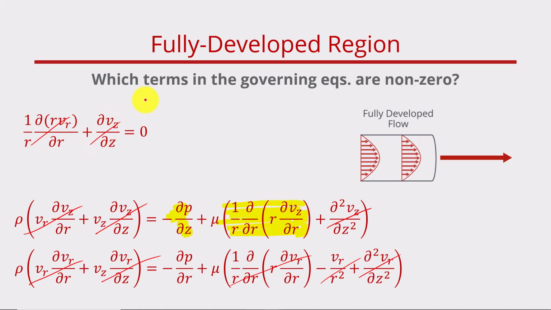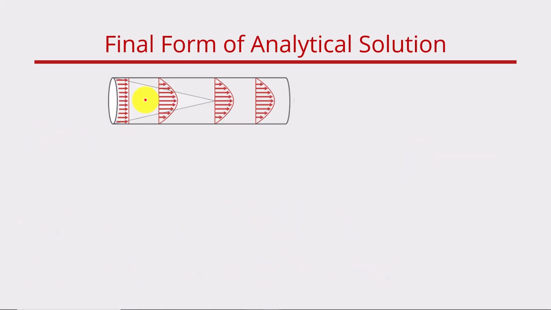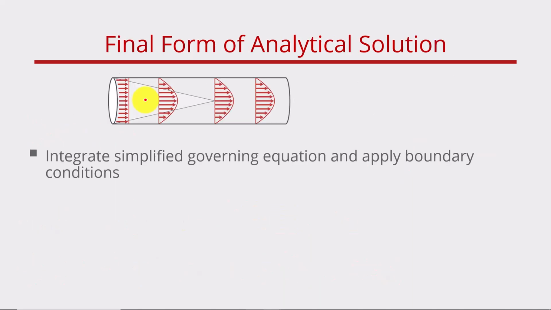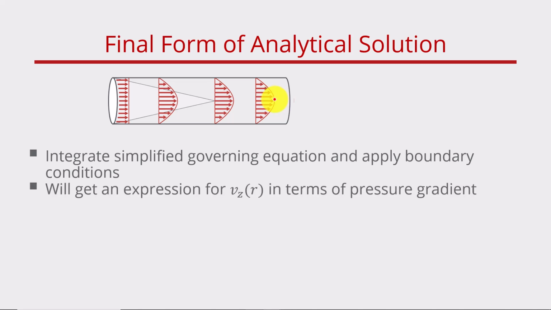So you get two non-zero terms, and you integrate that simplified governing equation and apply the boundary conditions that the velocity is zero at the wall, and the gradient is zero at the axis, and you'll get an expression for the axial velocity.